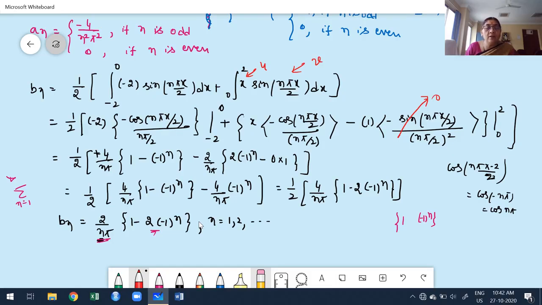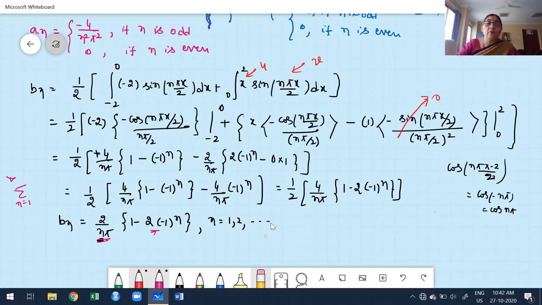In even case, what happens? 1 minus 2. What is 1 minus 2? Is minus 1. Even case also non-zero, odd case also not equal to 0. Only the case where one of the terms is 1 and another term is minus 1 to the power of n. But here extra having 2, in even case also not equal to 0, in the odd case also not equal to 0. Therefore, now I have to go on to construct the Fourier series.